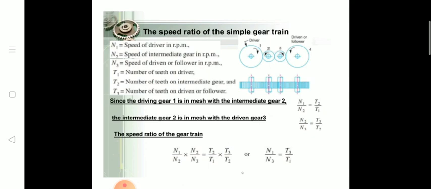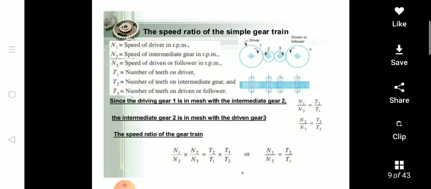But remember, n2 is equal to n3 and T3 is equal to T1, so the ratio is going to be unity, right? We can take the intermediate gear as directly matched with the driven gear, so we take n3 for the driven or follower. So n2 upon n3 is equal to T3 upon T2.